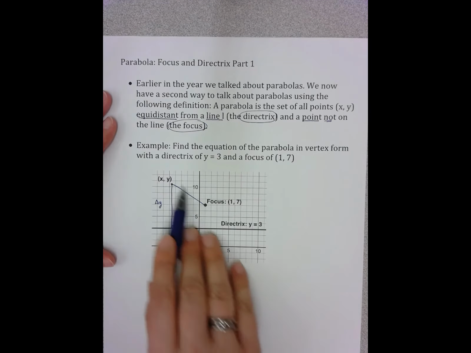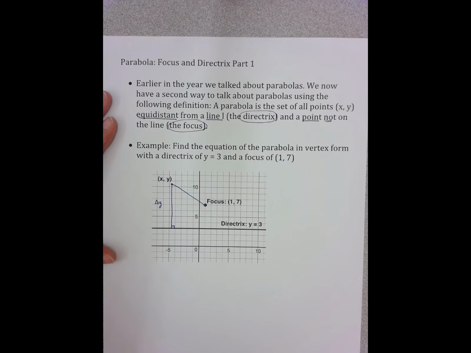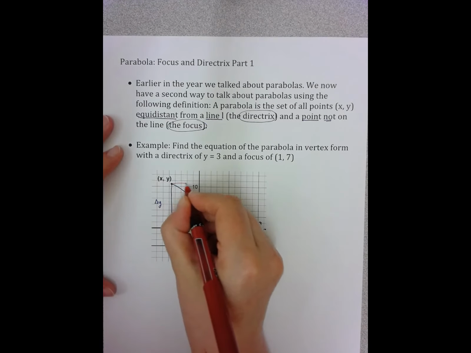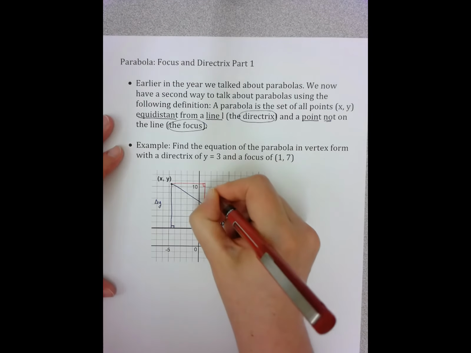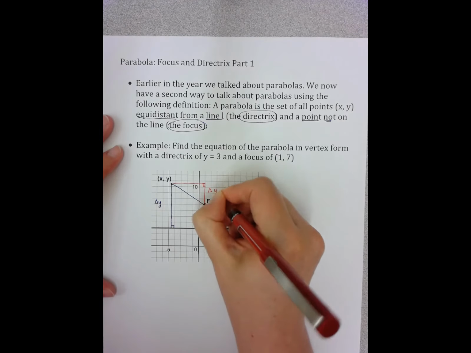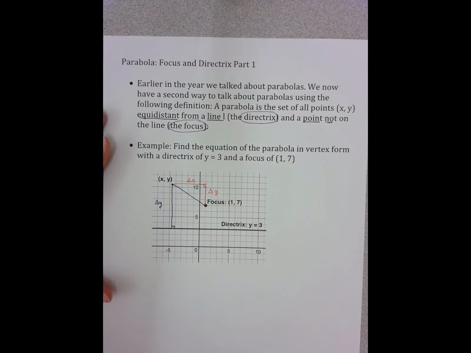For the focus, I am changing in an x and a y direction, so for that, I actually am going to draw in a right triangle, and I'm going to need a change in y and a change in x. So let's set this up.